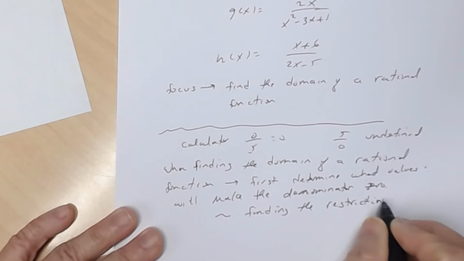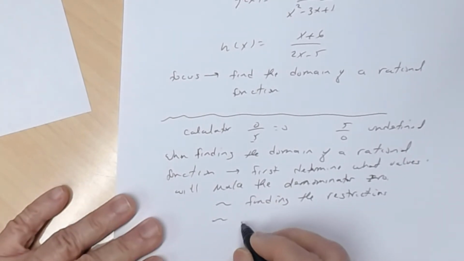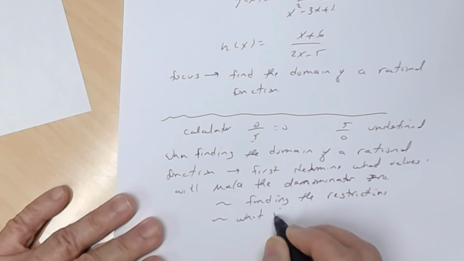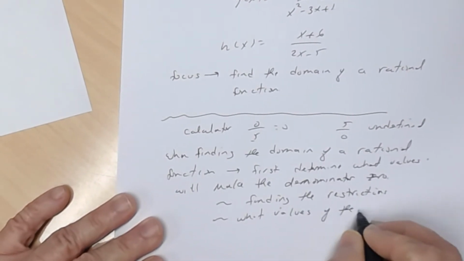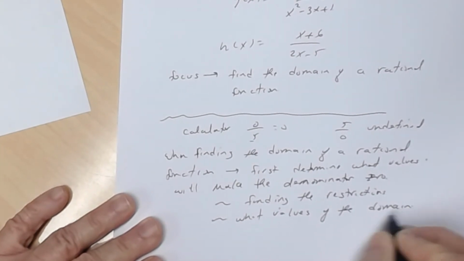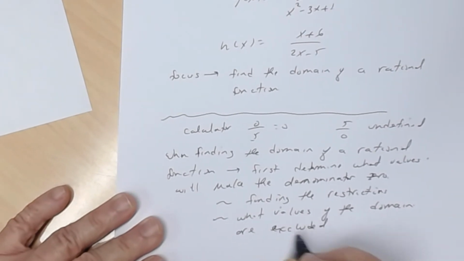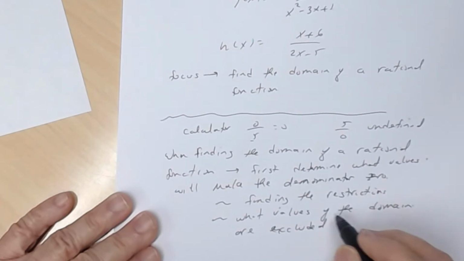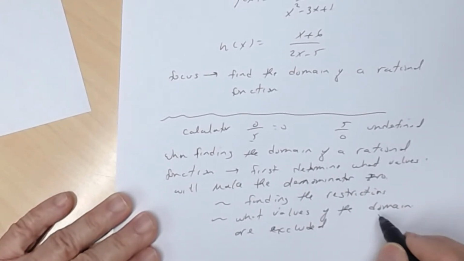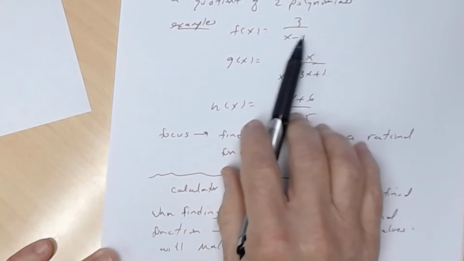Sometimes it's referred to as what values are excluded. What values of the domain are excluded? Okay. So I guess when I say domain, I have to be a little bit more careful there, because your domain here is not all real numbers.